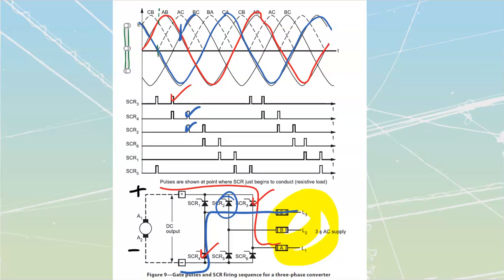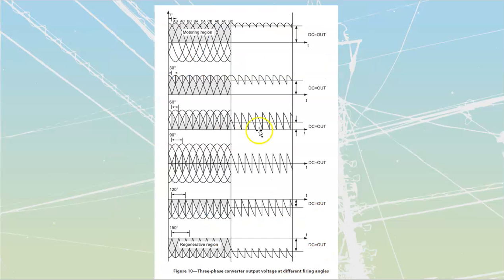Now, what we were just looking at over here was if we were going to pass the maximum value of voltage that we would have available through here at any given time. That is great when I want to get maximum power out of my DC converter, but if I decide to change the firing angle, and instead of firing everything right at the very first instant that it passes right over here, I might decide to wait a little bit, and instead of passing that thing all the way through right at the very beginning, I wait a little bit, what's going to happen then is I'm going to have a shorter amount of time that I conduct that wave through.